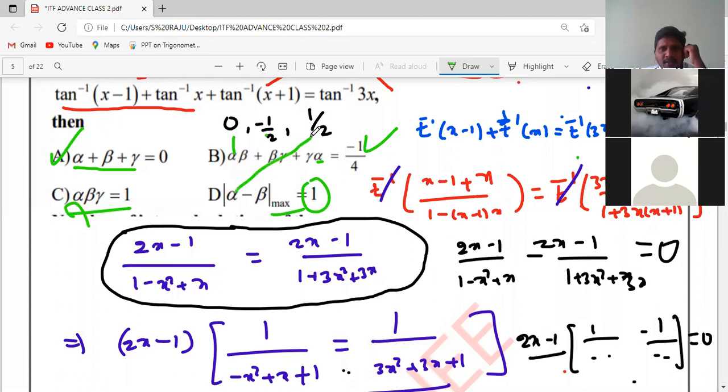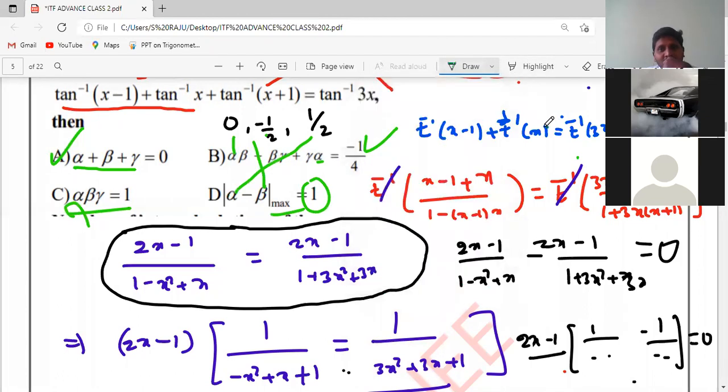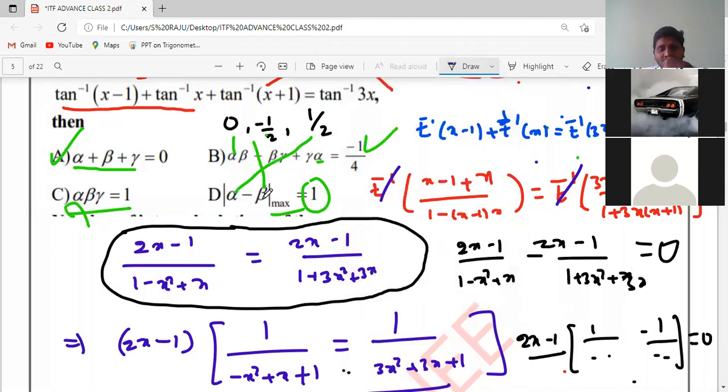If I take alpha is plus 1 by 2, beta is minus 1 by 2, what is alpha minus beta? 0, sir. 0 or 1? Sir, modulus will be there. Actually, modulus.